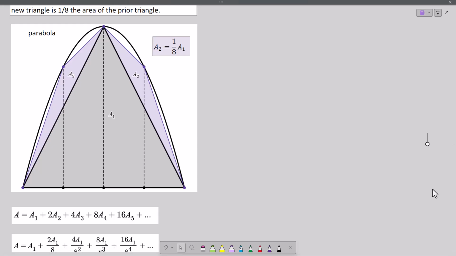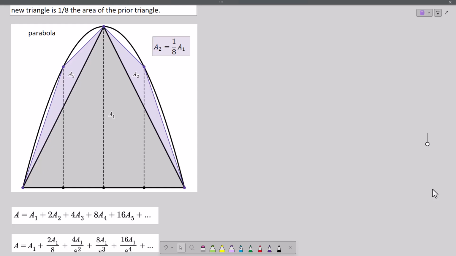So right now we have most of the area with these three triangles, two a sub 2's and an a sub 1. Then you can bisect those intervals and create 4 more little tiny sliverish triangles. And you can imagine that you just keep building these triangles until you exhaust the area of what's inside that parabola.